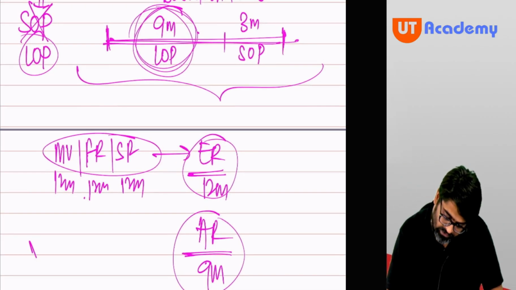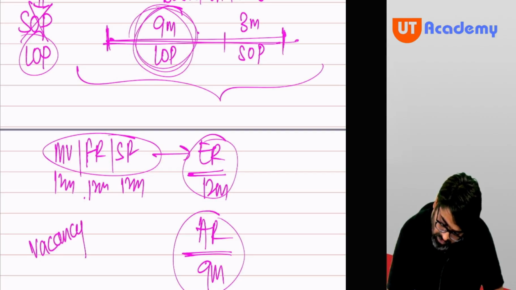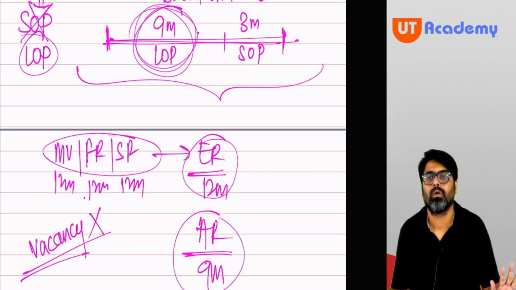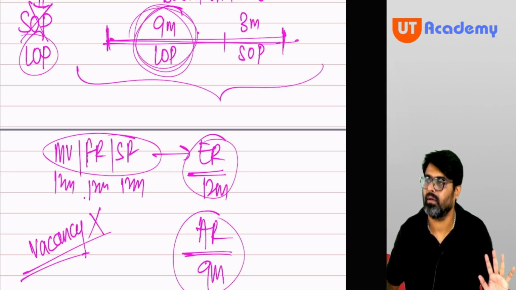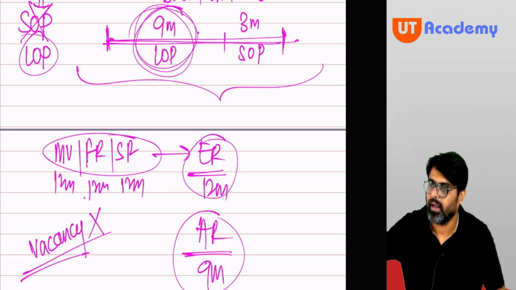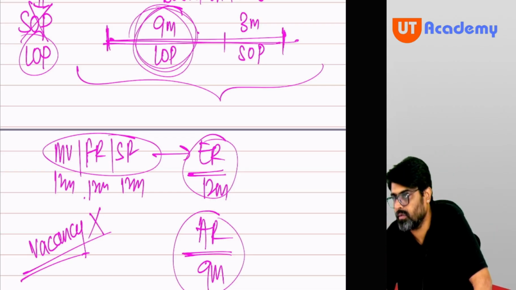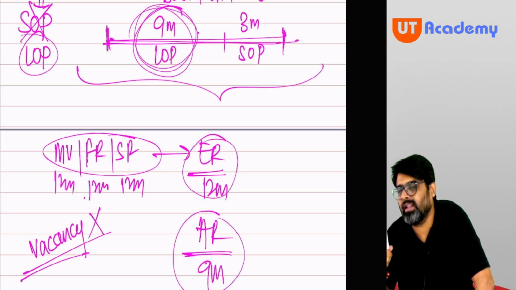Meaning, vacancy is there or vacancy is not there. So if there is no vacancy, close your eyes and take actual rent or expected rent, whichever is higher. Will you be able to do this? Hello, sir. Can there be a vacancy in such type of properties? Can there be a vacancy in such kind of properties?